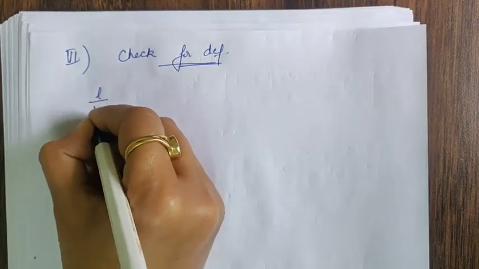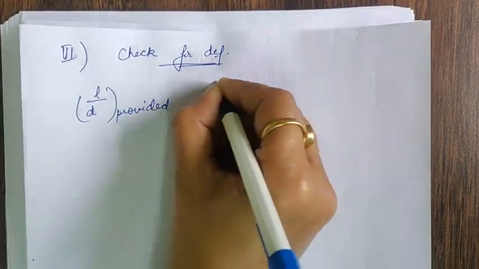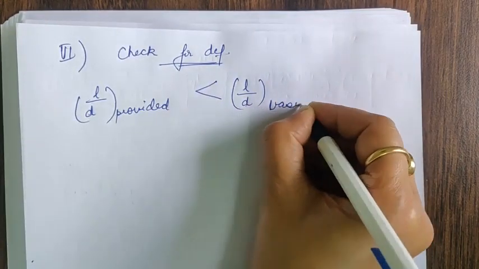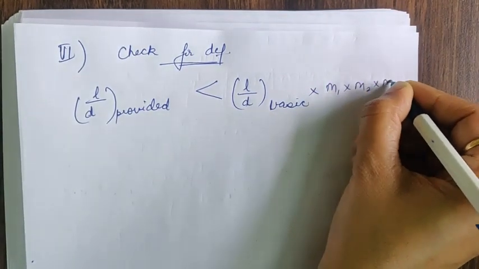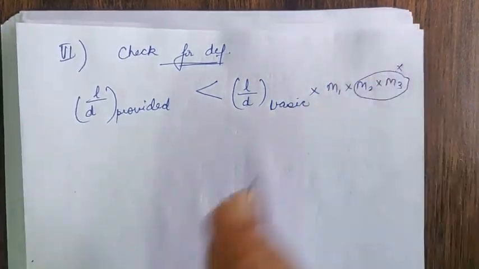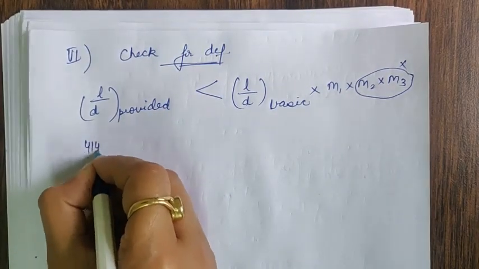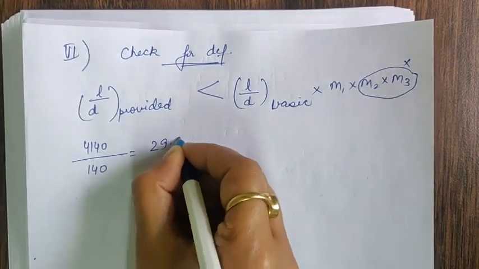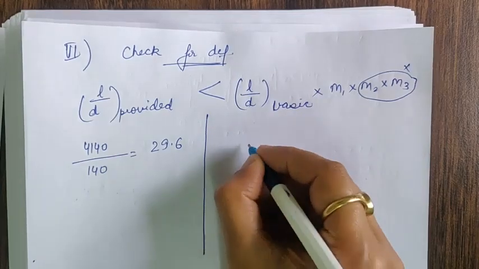We know L by D provided has to be less than L by D basic into modification factors. These two modification factors are not there. L by D provided is 4140 upon 140, that is 29.6. L by D basic is 20.